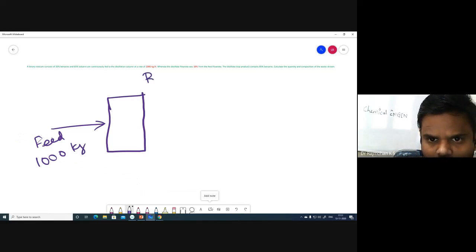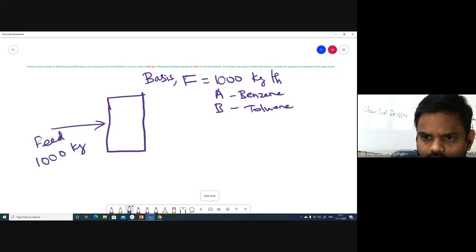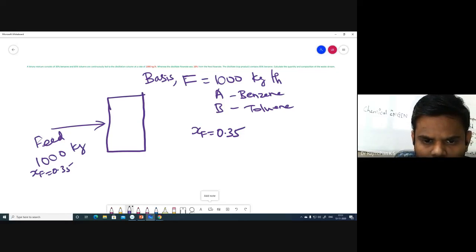So that is our basis: F is equal to 1000 kg per hour. Here A and B are benzene and toluene. It is given that it contains 35% benzene, so XF equal to 0.35, right? And we have distillate.